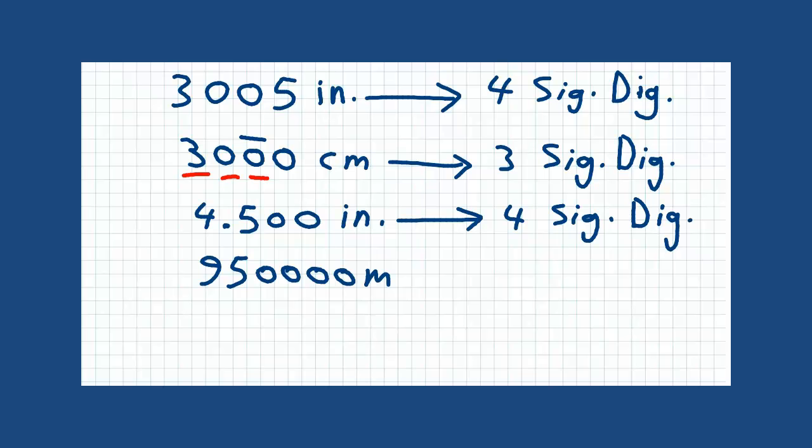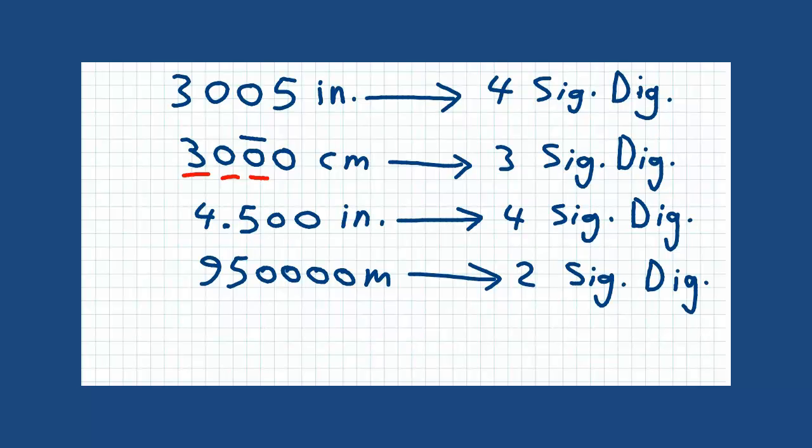We have here 4 zeros to the right of a significant digit, but none of them is tagged. So none of them is significant because this is a whole number. We have no decimal point here. So we can say that we have only 2 significant digits.